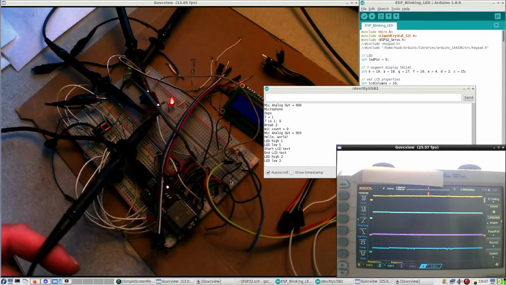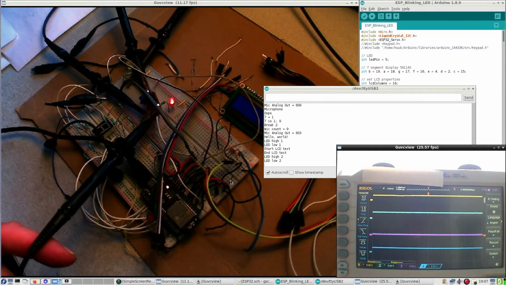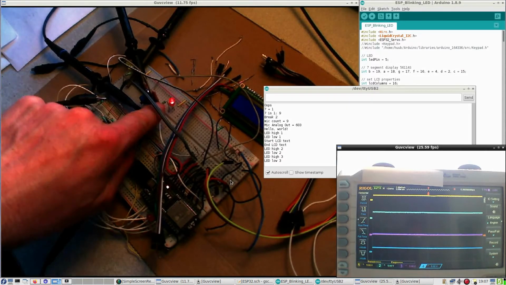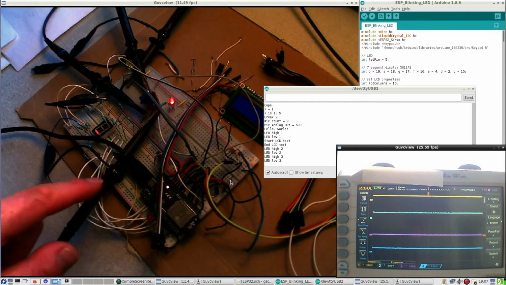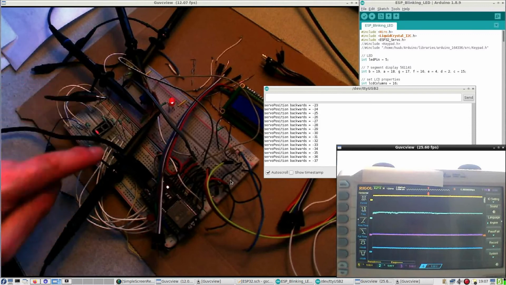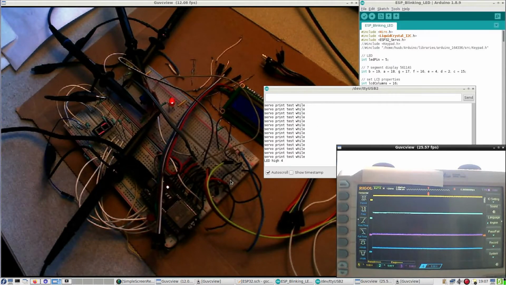The dark blue probe is for the digital output LED, and then the light blue one is for the digital output itself.